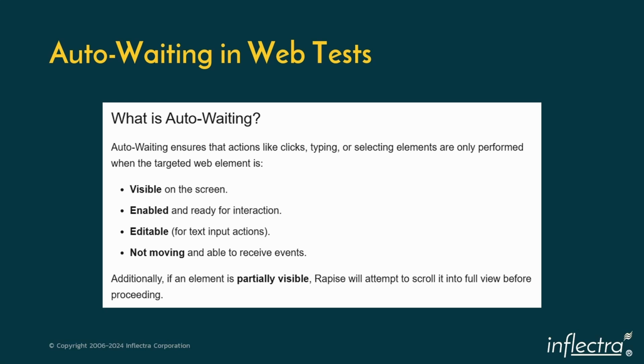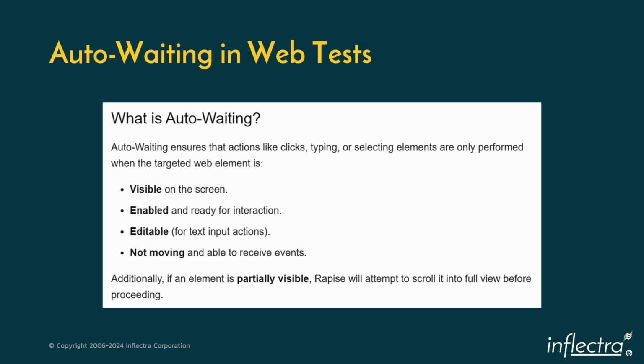The auto-waiting feature in Rapise makes web tests more reliable by checking that web elements are ready before doing anything with them. It was added in Rapise 8.3 and works with Selenium profiles. What does auto-waiting do?